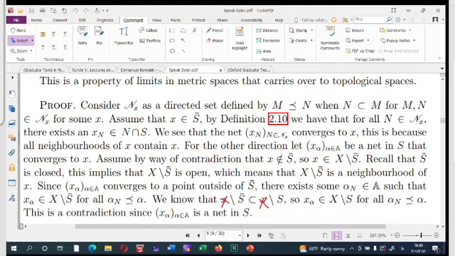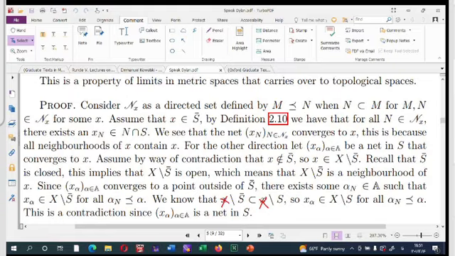For the other direction, let this be a net in S that converges to x. Assume by way of contradiction that x does not belong to S bar. So x must belong to the complement of S bar. We recall that S bar is closed. Since S bar is closed, the complement of S bar must be open, which means that this is a neighborhood of x, because x belongs to this open set.